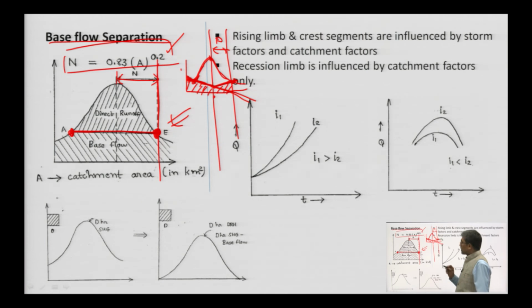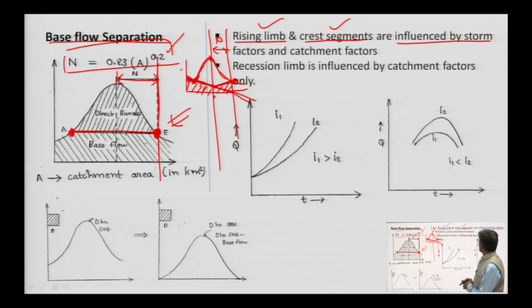Another thing with the hydrograph is that rising limb and crest segments are influenced by the storm factor. This one, rising limb and crest limbs, both are influenced by the storm factor and catchment factors, that I have told you.